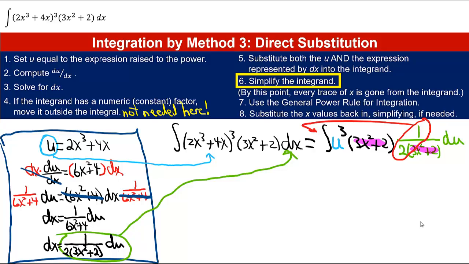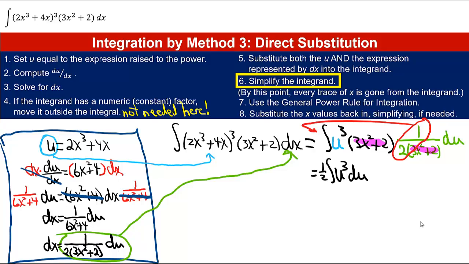The 3x squared plus 2 is divided out. So all that's left is that 1/2 that you factored outside the integral, the u to the third power, and all that's left to the right is that du. So what you've done in this simplification step is get rid of all the x's and dx's and leave the integral with only u's and du's.